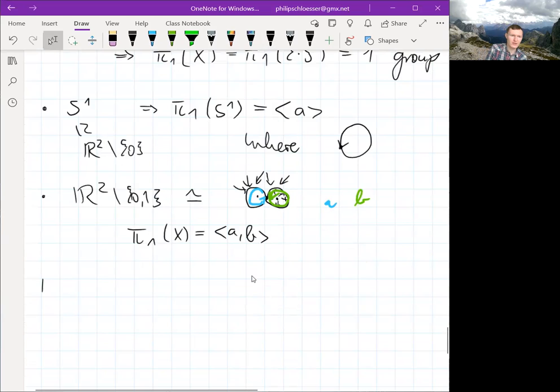Yeah, so as promised, one theorem that actually tells you how fundamental groups behave under gluing. It's called the Seifert-van Kampen theorem.